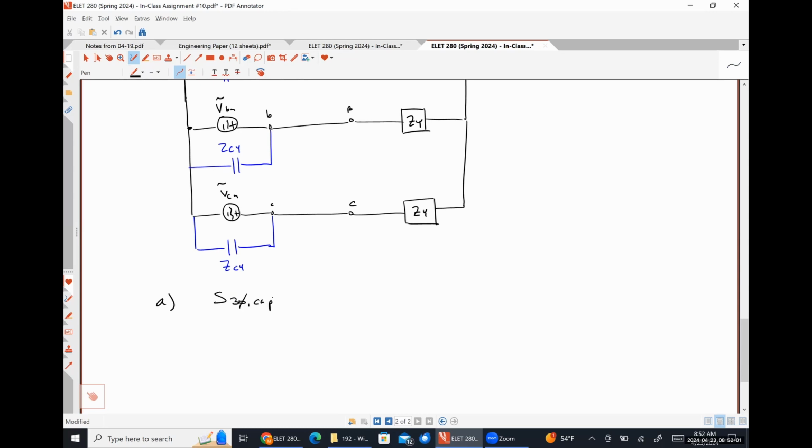complex power absorbed by our three-phase capacitor bank is going to be 3, because there are 3 capacitors that we're going to be dealing with, times the magnitude of VAN squared divided by the impedance of our capacitor conjugate.